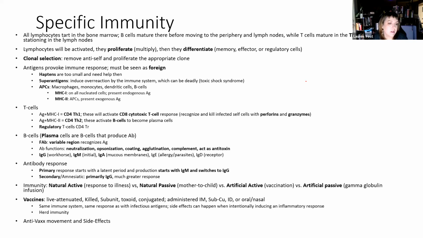All right, haptens are essentially molecules that are too small to act as proper antigens to stimulate the activation and proliferation of immune cells. They're too tiny. So they can be attached to something to make them bigger, sort of like a carrier molecule.